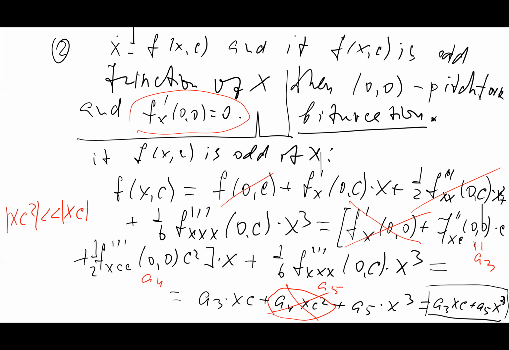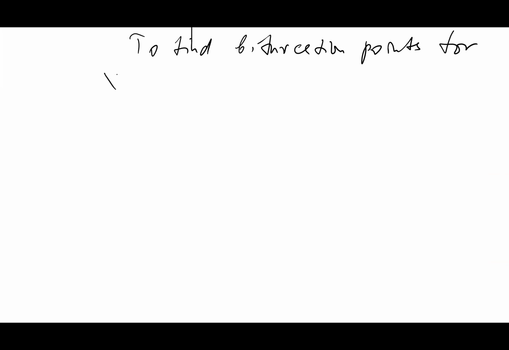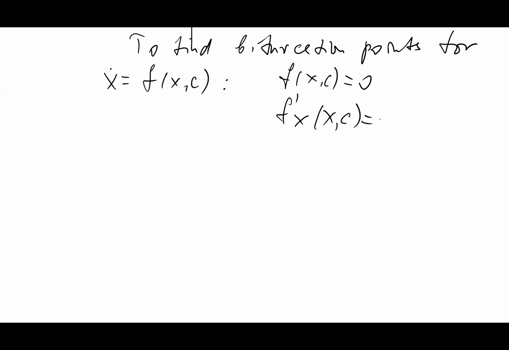And here, maybe a final comment. Okay, so I wanted to stop. Let's make a final comment on how to find bifurcation points. For this flow, x dot equals f of x, c, you find the roots of the algebraic system: f of x, c equals 0, and the derivative of f of x, c equals 0. So the roots are non-hyperbolic equilibria.